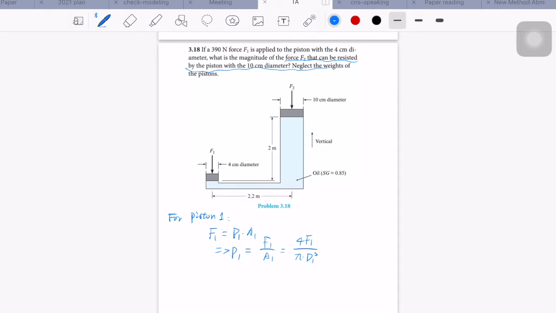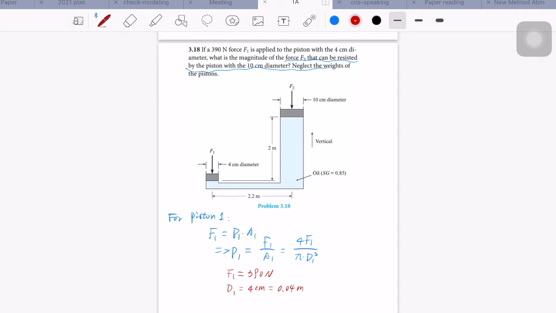And from the problem, we know that F1 is 390 Newton, and D1 is 4 centimeter, is 0.04 meters.